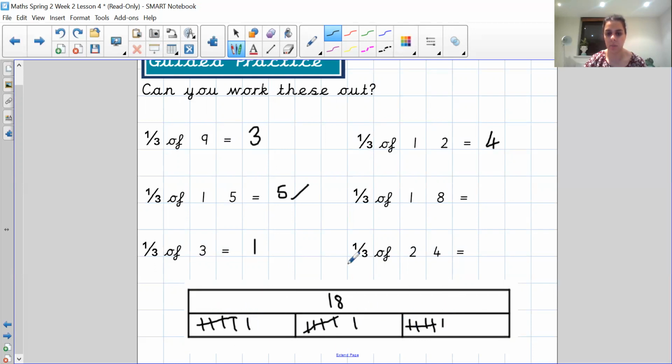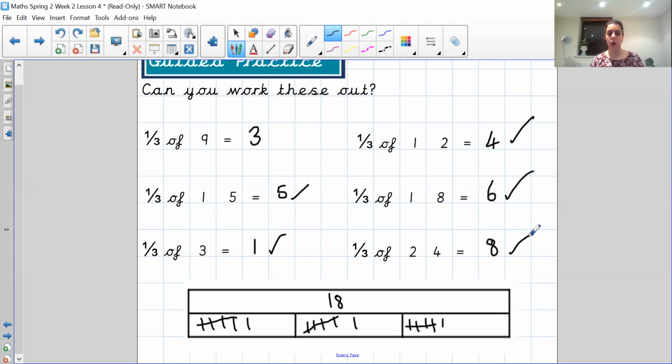I've got 6 in one box. It's going to be 6. And the last one is 24. I wonder if you could work that one out. I'm going to tell you the answer, but please don't copy what I've done. Just make sure you're getting these right. So you can give these a tick if you got these ones right. And the last one, the answer is 8. So well done if you got that right.